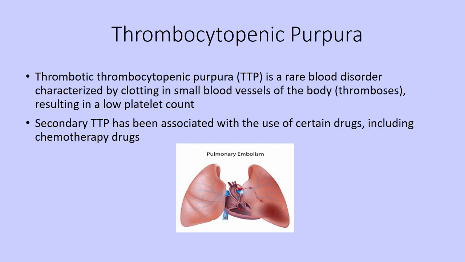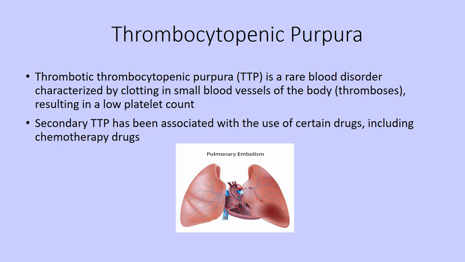Thrombocytopenic purpura is a rare blood disorder characterized by clotting in the small blood vessels of the body, resulting in a low platelet count. So the way this works is, let's say I hurt my leg really bad and there's no actual skin broken, but I've actually broken some blood vessels within the leg.